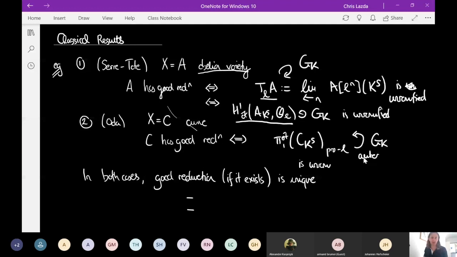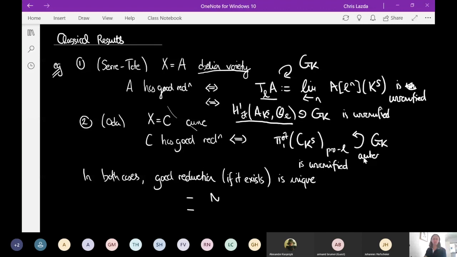So these are the classical results that we were basically looking at trying to extend to K3 surfaces. And at this point, one thing I'd like to emphasize is that in both these cases, if we actually have good reduction, so if we actually have some smooth model of either my abelian variety or my curve over the ring of integers, then this smooth model is essentially unique.